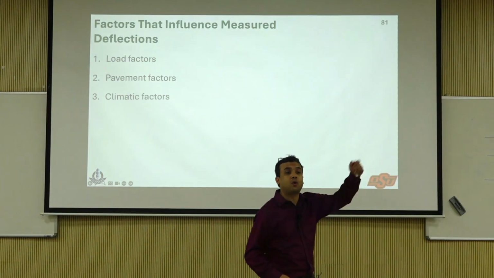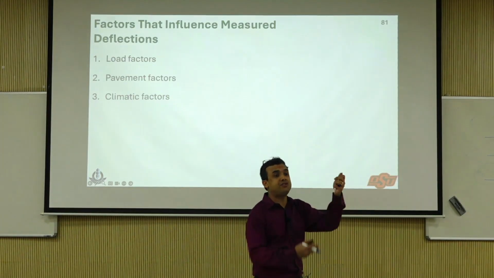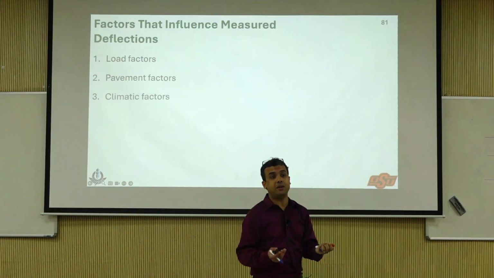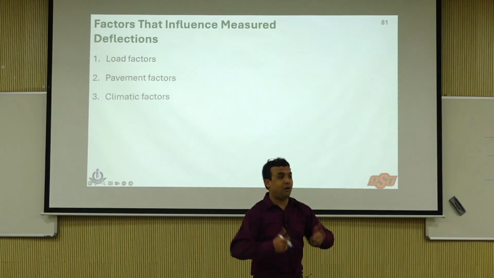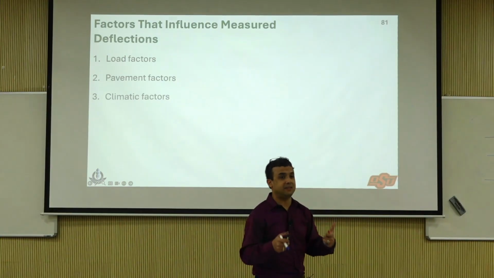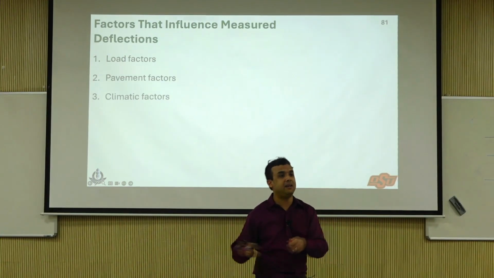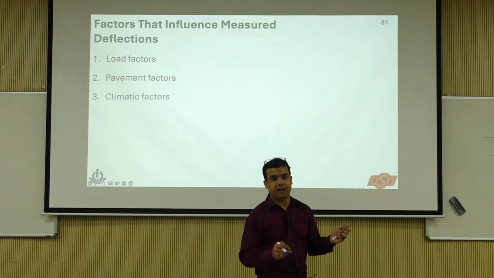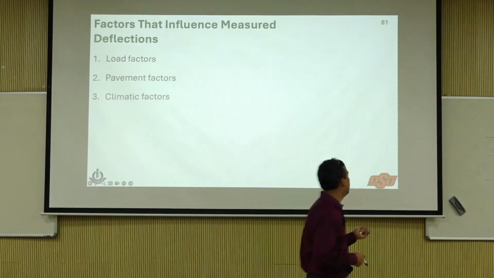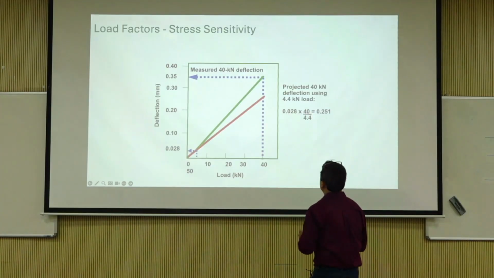Or if you go to a cold place where freeze thaw happens, you test in December, January, the subgrade is pretty much frozen, your system looks amazing, but then you go in spring, it is thawed and full of water, and it looks like trash. So you have to worry about climatic factors as well.